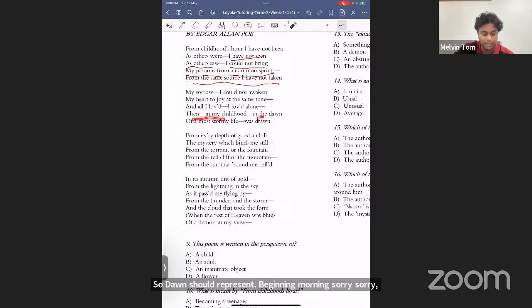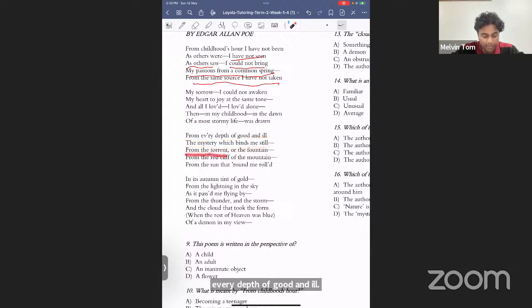So in my childhood, in the dawn of a very stormy, very troubled life that he's going to have, it began. So his life began, even his sadness and everything started ever since he was young. That's basically the gist of this paragraph. From every depth of good and ill, the mystery which binds me still.